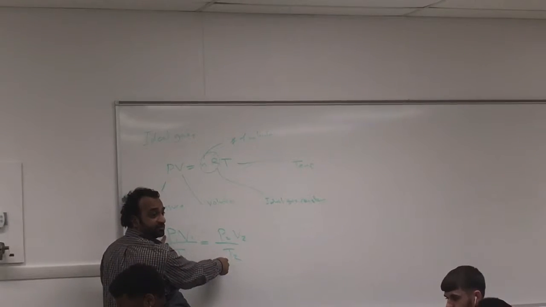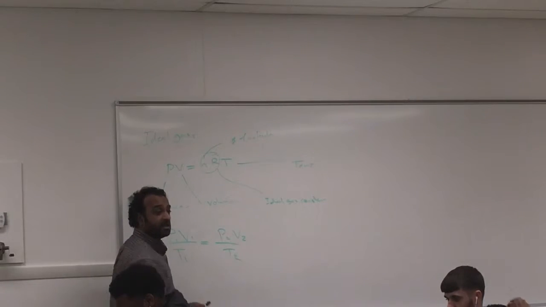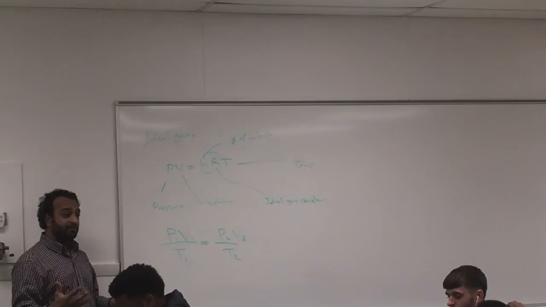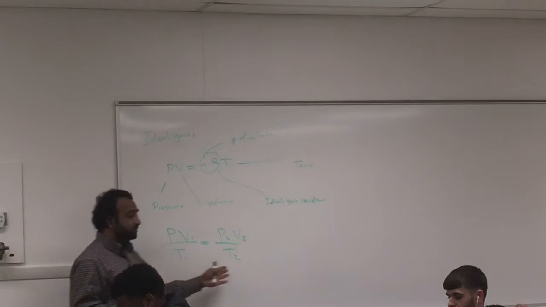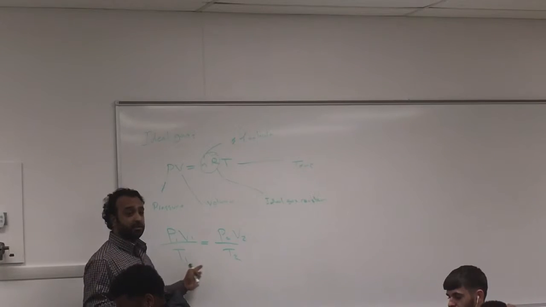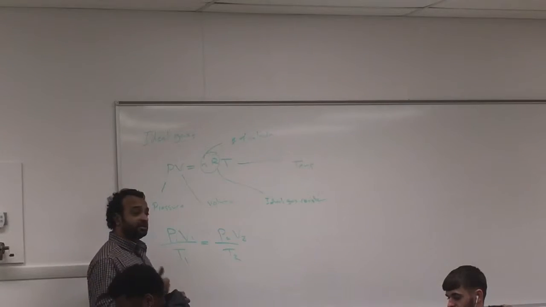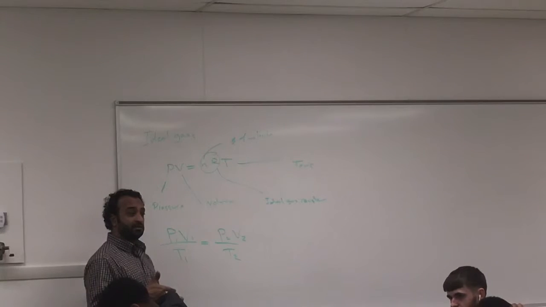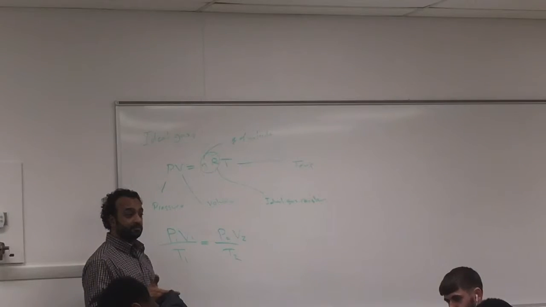It will increase to keep this constant. So the whole thing you have to understand from this equation is that for an ideal gas, which most gases we deal with are, if you increase the pressure, you'll increase the temperature and you'll decrease the volume.